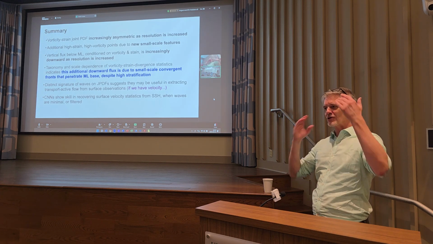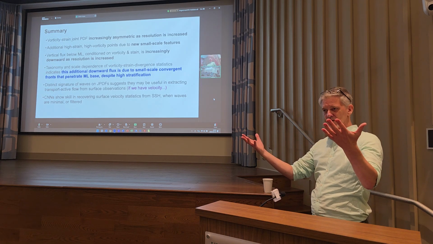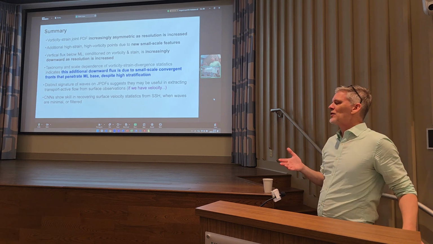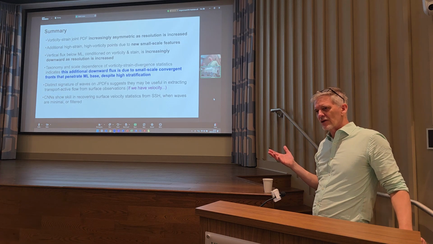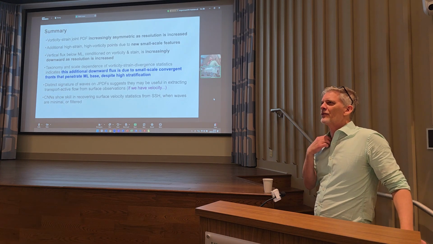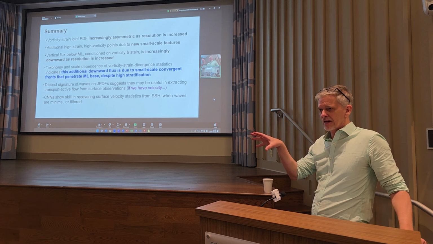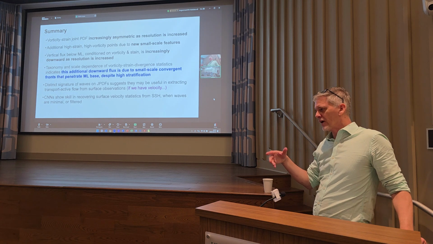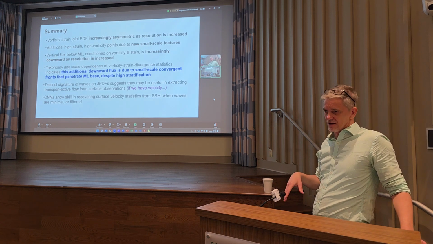I think you just have to separate two things: there's sources of energy, and then there's what happens to it, right? At these scales, you said most people say submesoscale is this mixed layer instability. I wouldn't agree with that. I would say that's a new submesoscale instability that happens, but in fact the submesoscale is all of the features, wherever they came from, that are approaching order 1 Rossby number and lower Richardson number and things like this.